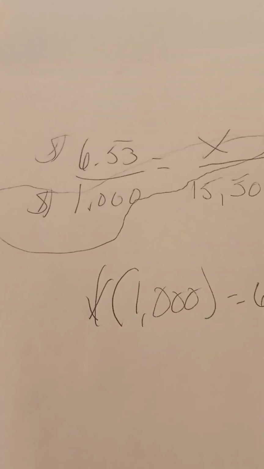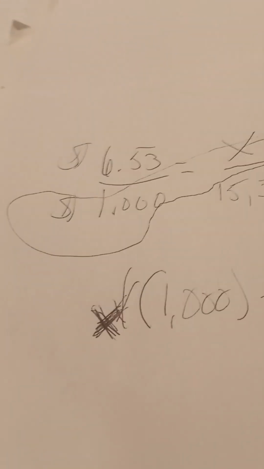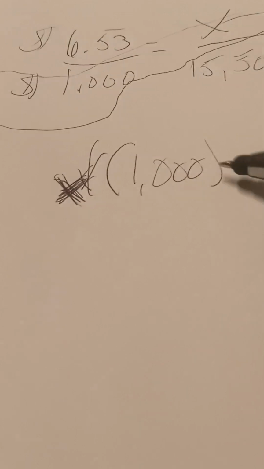So we went from cross multiply. Now we're in algebra land. I know that we discussed if we multiply times 1,000, if we divide by 1,000 or 10 or 100, multiples of 10, that's a simple move the decimal.